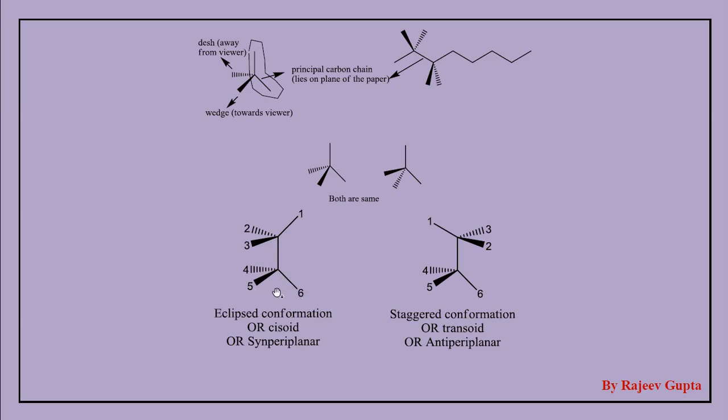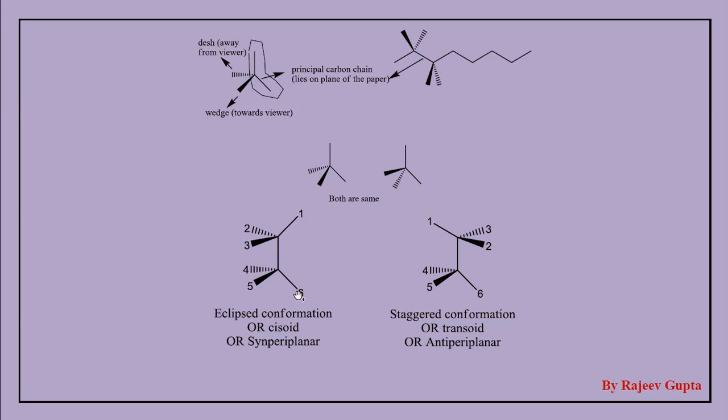If we see this angle between 5 and 6, this angle between 5 and 6 is not a dihedral angle, this is the bond angle, which in tetrahedral carbon is 109 degree 28 minute. But this angle between 1 and 6, the dihedral angle, is 0 degree.